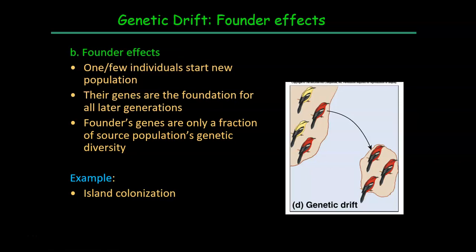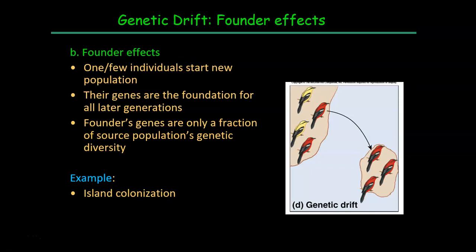The second one is called a founder effect. A founder effect is when just a few individuals get separated from the main population and start a new population, as illustrated in this cartoon to the right. On the left, you have the mainland, and you've got a population of birds, and there's some genetic variation in the birds. Some are red and some are yellow.